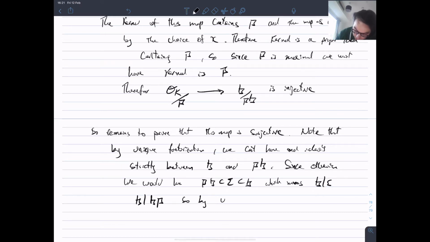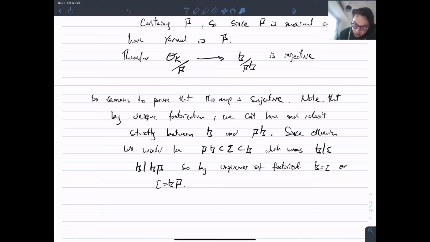So by uniqueness of factorization, either B equals C, or C is the whole thing, it's BP. One of these two things has to hold. Yeah, B has to divide C in this.